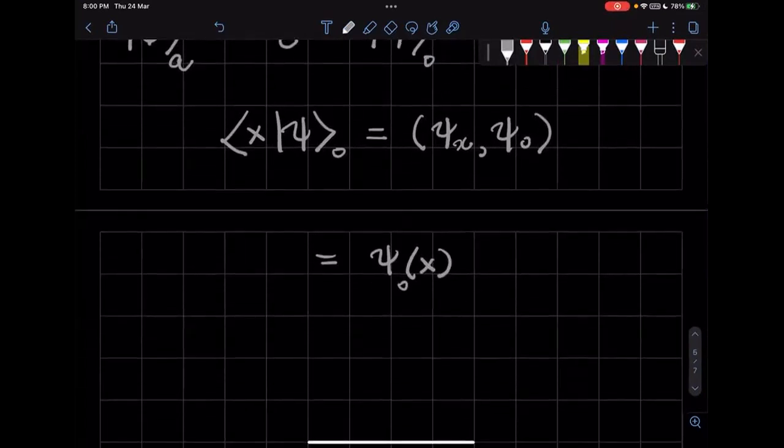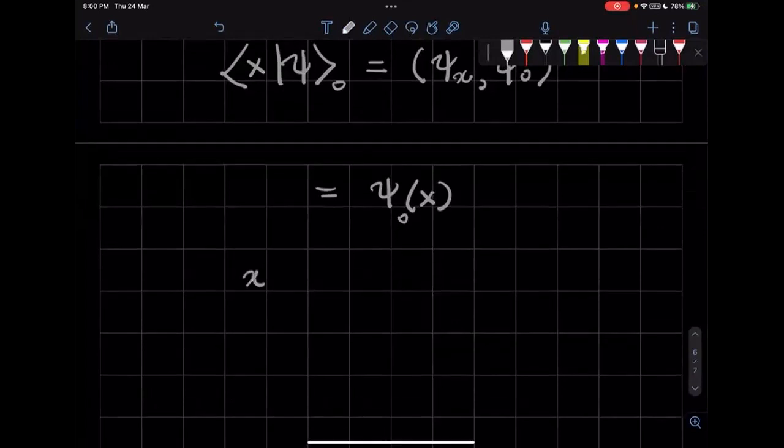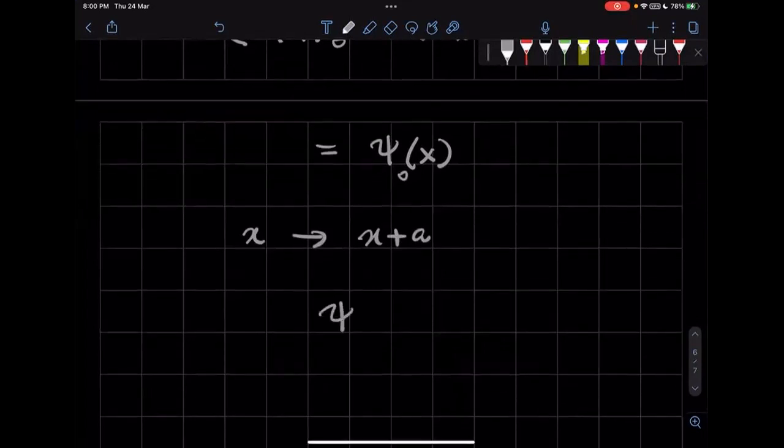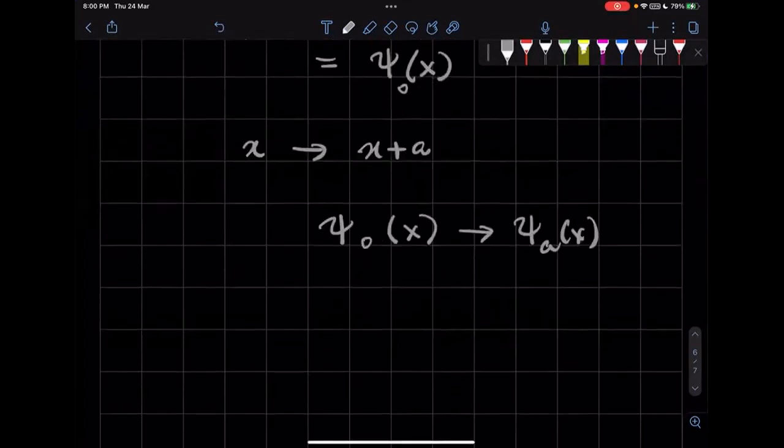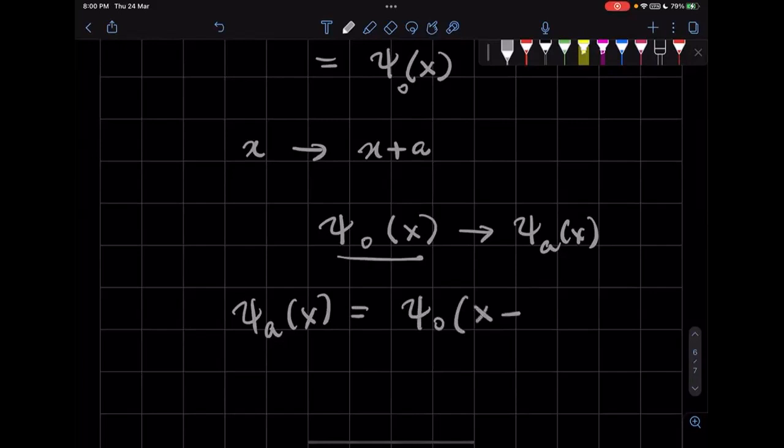And so if I translate the system to x plus a, it's pretty easy to show that the wave function changes to a new wave function, let's call it psi of a of x, where psi of a of x is related to the old one by psi of 0 at x minus a.